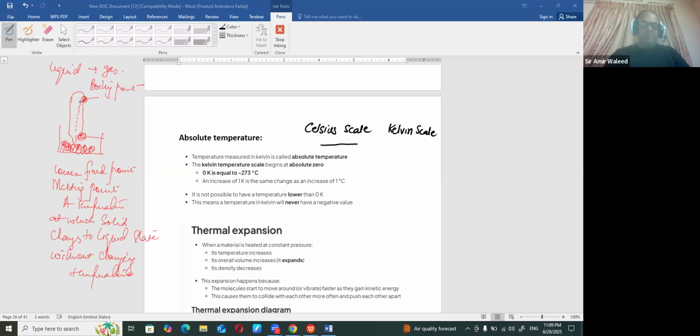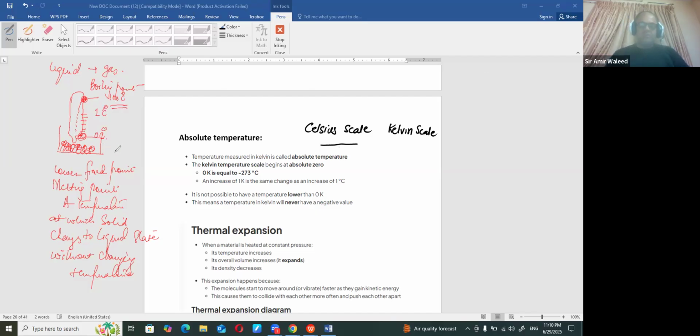Now within this, Celsius divides it into a hundred equal divisions, where one division is equal to 1 degree Celsius. So he puts the melting point at 0 degrees, while the boiling point is at 100 degrees Celsius. So in the Celsius scale, you have the melting point at 0 degrees, while the boiling point of water is at 100 degrees.